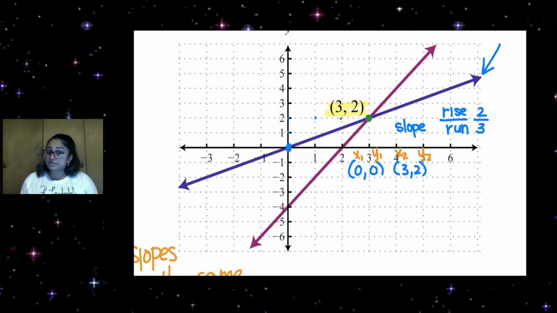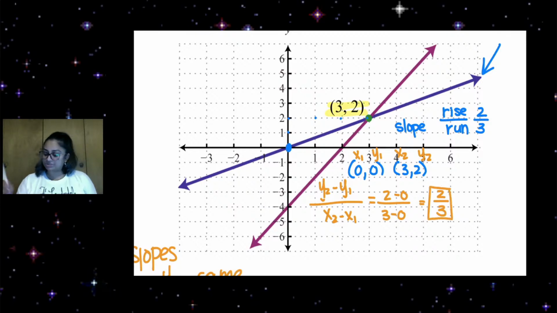So the formula that we should be using is y2 minus y1 all over x2 minus x1. So go ahead and plug in what you know. 2 minus 0 all over 3 minus 0 to give us 2/3. Same answer as if we counted it, okay?